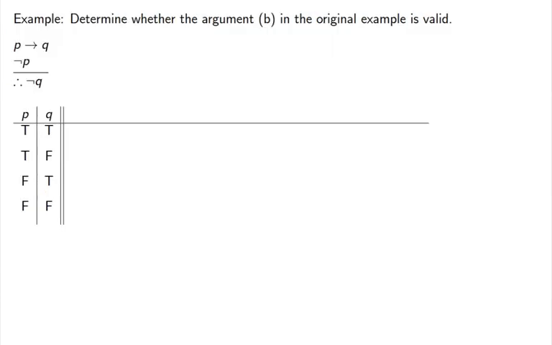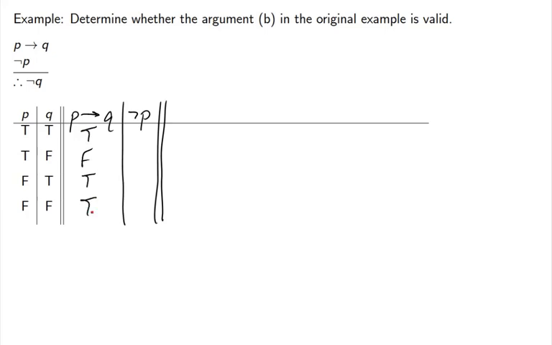Let's do the second example. Again, the first thing that we'll do is we'll take our premises, P implies Q, as well as the negation of P, and we'll look at when those are all true to get us started. P implies Q is again true, false, true, true, just like in the last example, and then the negation of P is false, false, true, true.